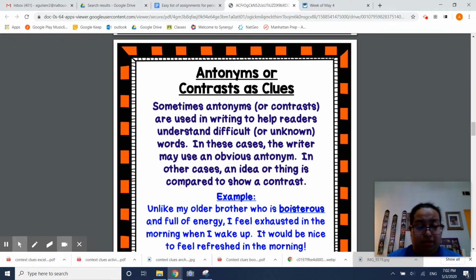So, if I know that I'm looking for an opposite of boisterous, the clue that tells me is I feel exhausted in the morning. So, if exhausted means the opposite of the blank word, then the blank word is the opposite of exhausted. What's the opposite of exhausted? Write down your guess for the mystery word now.